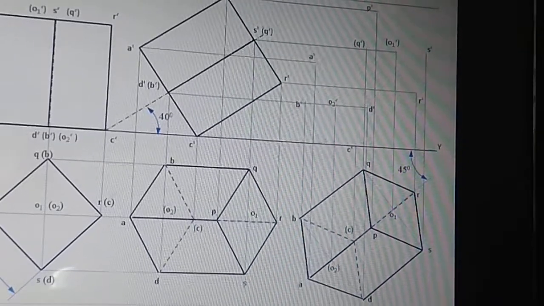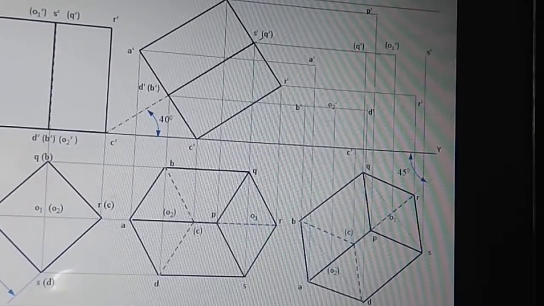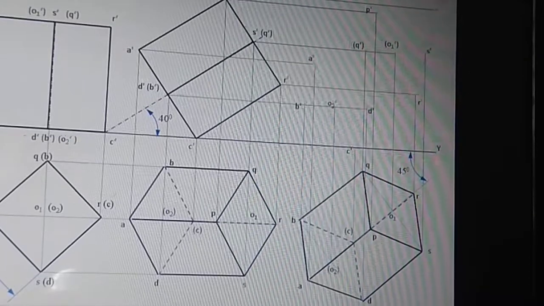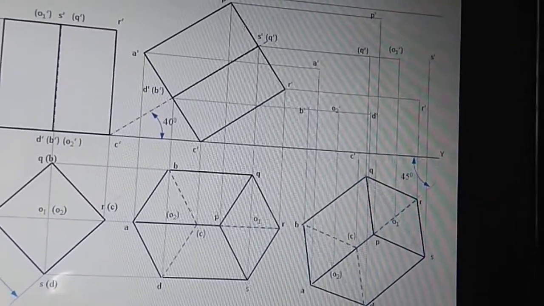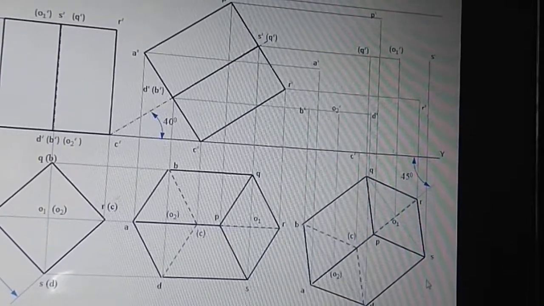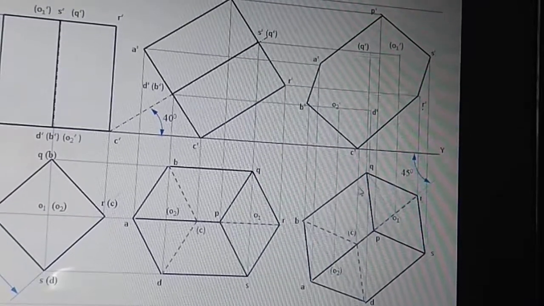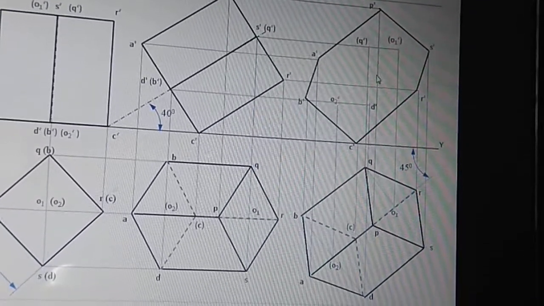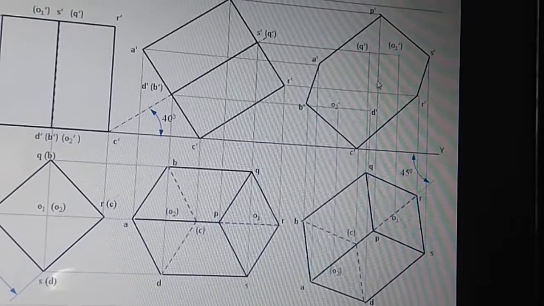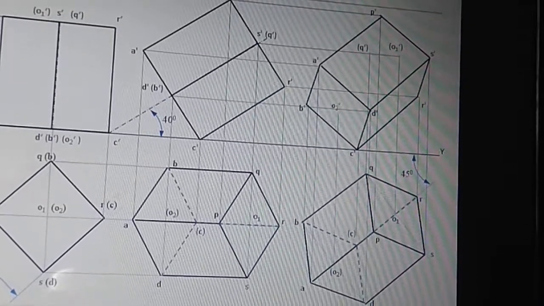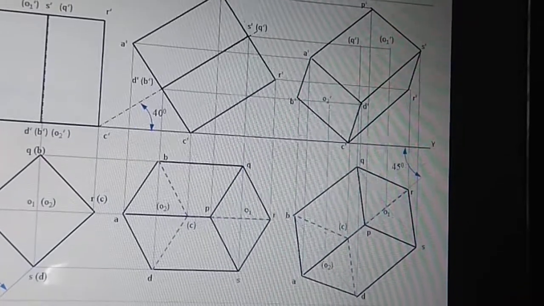But in the third position top view, this top face is visible. See, this top face is visible, the bottom face is not visible. In the third position front view, we have drawn that the top face is not visible and the bottom face is visible.